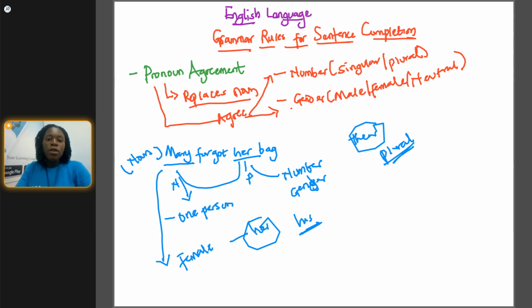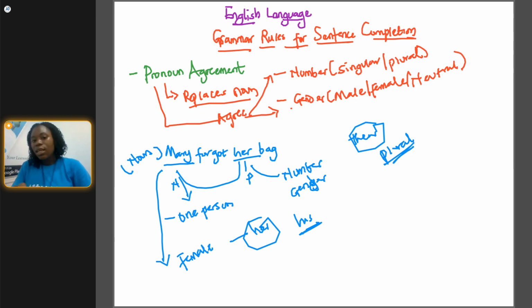So you would have sentences in your examination, you're asked to complete them with the pronoun. You have the noun already, and you're supposed to replace the noun with a pronoun. You should know that your pronoun should agree both in gender and in number with the noun that you're supposed to replace.